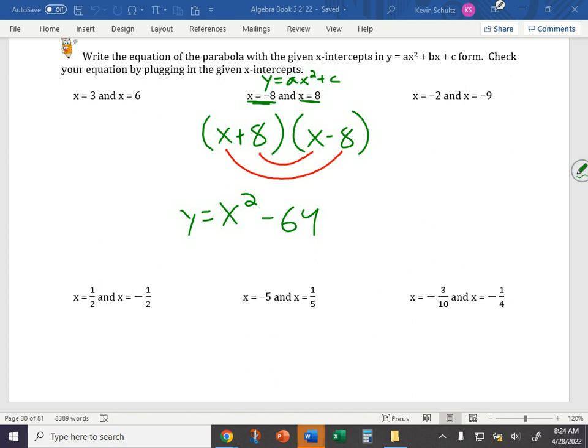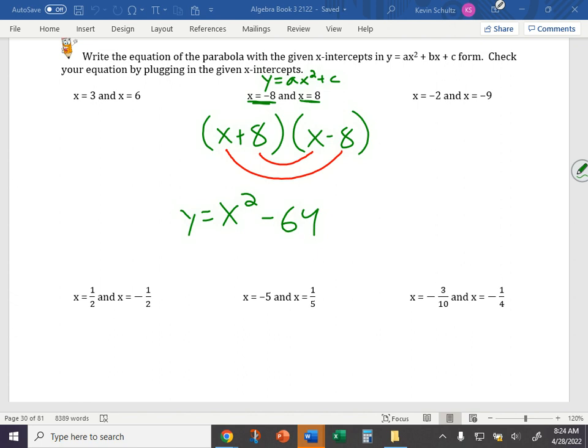Ax squared plus c. Okay? Ax squared plus c. We're done going over them in entirety, but if you have little minor questions, clarifications, I'll take those.